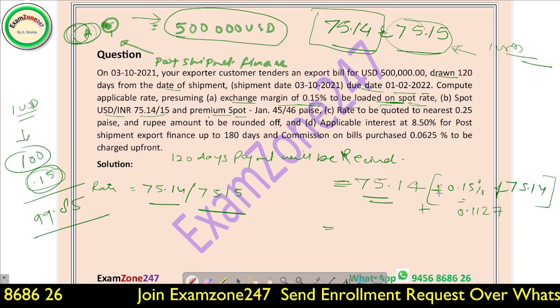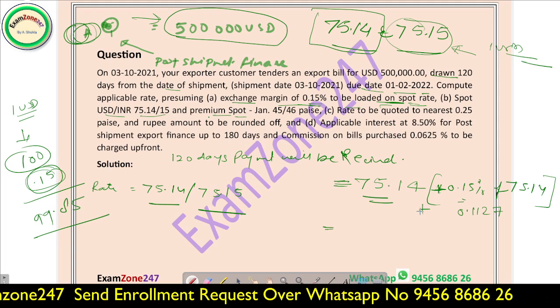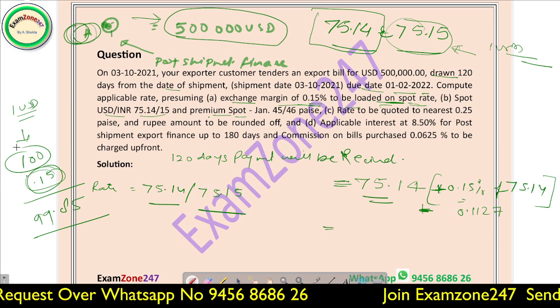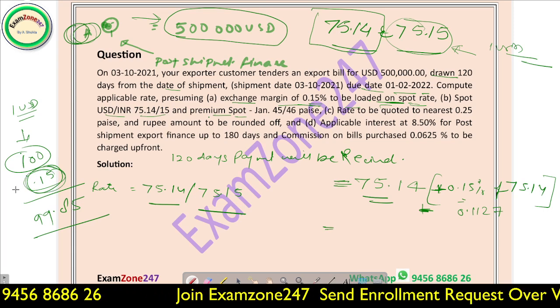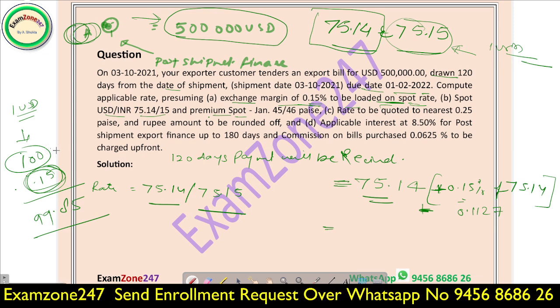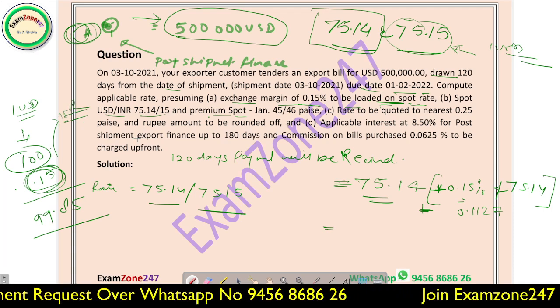Instead of adding this margin, the bank will subtract this margin. Why? I already said, if the rate is 100 and margin is 0.15, the bank will deduct the margin. In this case the bank will be in a beneficial position, because the bank will be paying less INR.